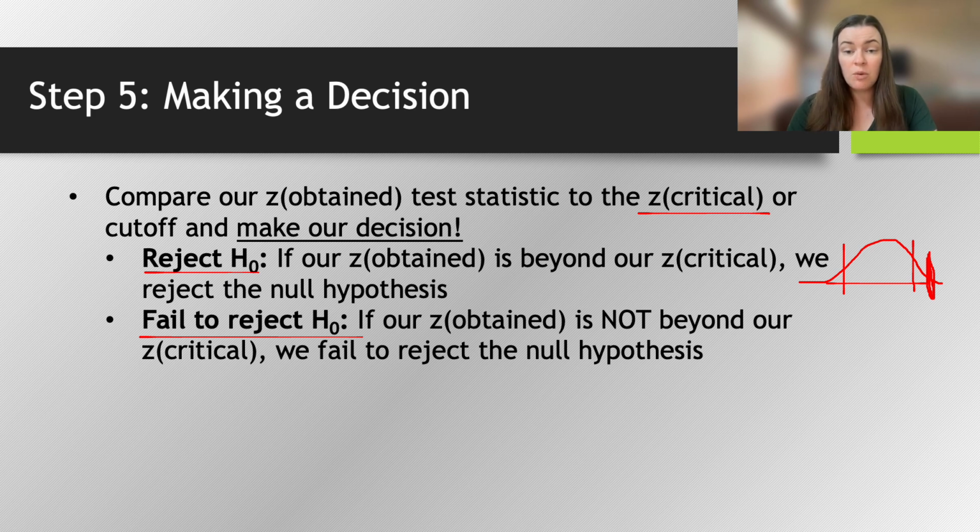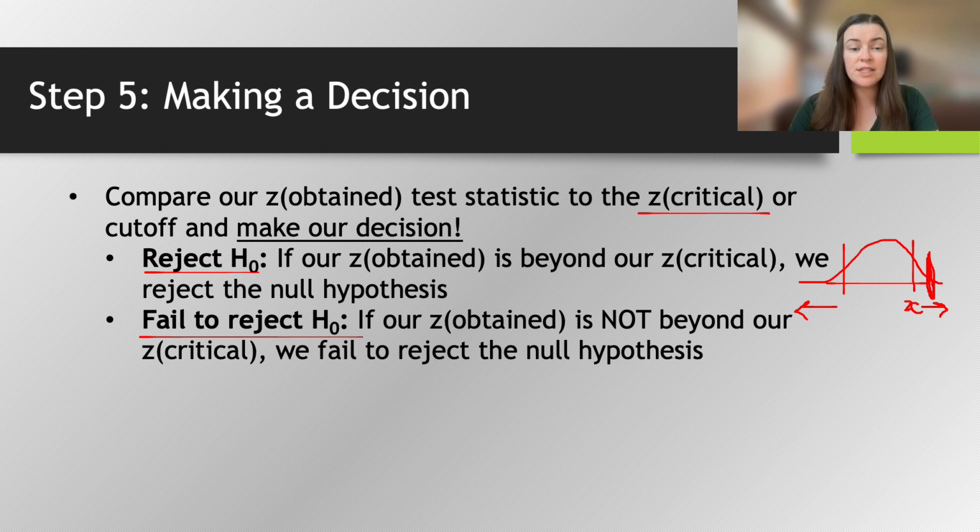So take a look at whatever your z critical is and whatever that value is. And if your z obtained or your test statistic is greater than this on the positive end of the distribution, or if this was a statement of difference, if it's less than our distribution here on the other end, then we would reject the null hypothesis.